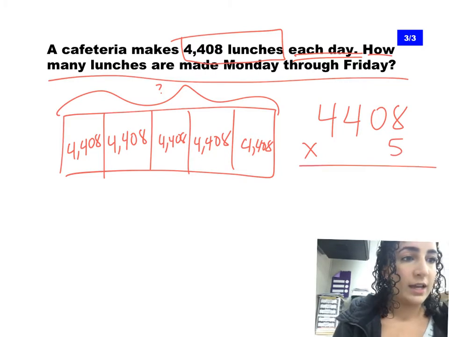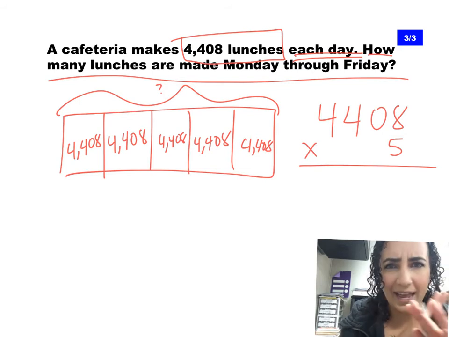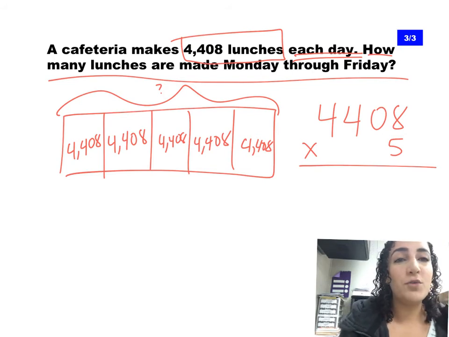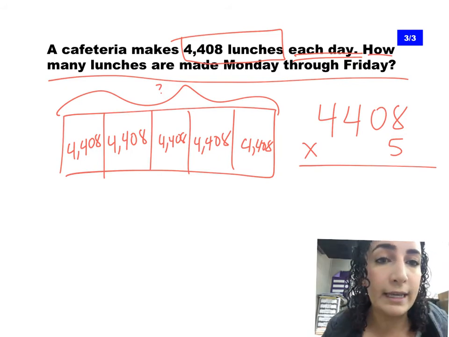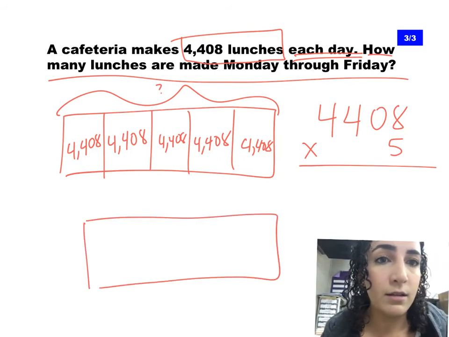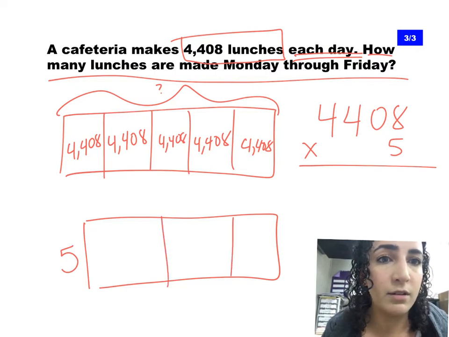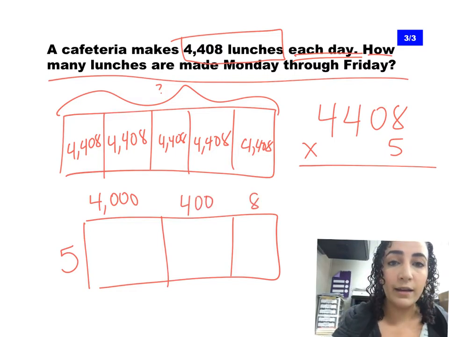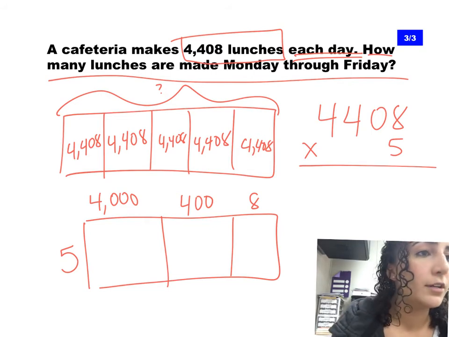So, I'm going to go ahead and add these with the standard, I'm sorry, not add. No, we're not adding. I'm going to multiply these with the standard algorithm. If you want to use an area model, it would look like this. Let's see, 5 times 4,408. It would look like that, and then you would add up your partial products. But yeah, solve it whichever way works for you.